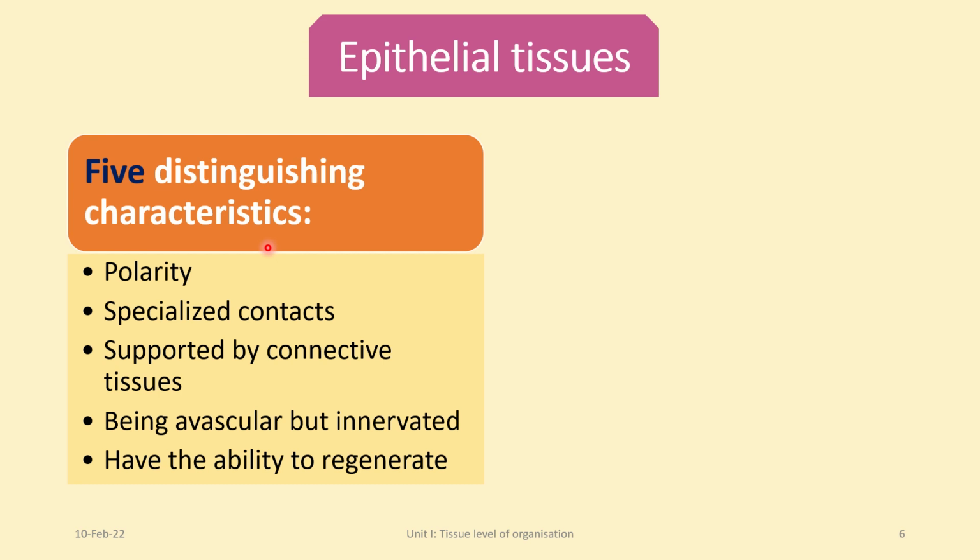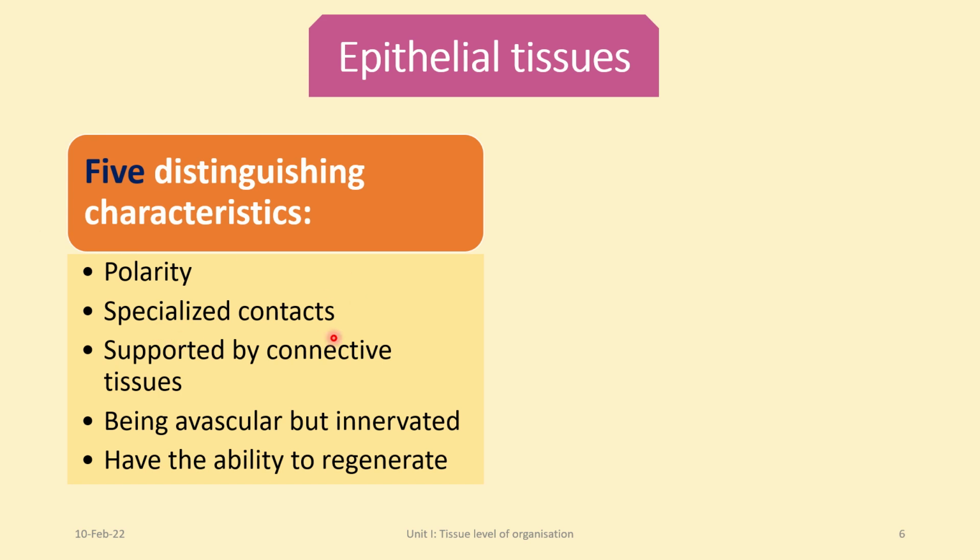So by simple diffusion, whatever nutrients need to be transferred can diffuse through that connective tissue, through the basal lamina into the epithelial cells. Because of this duality, because of an apical and a basal surface, we talk of the epithelial tissues having a polarity.